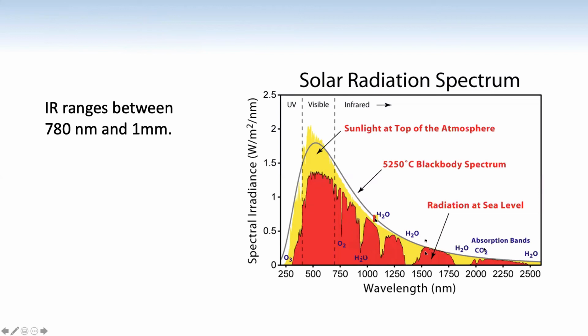And then you also see CO2. CO2 is also a very strong absorber of infrared light. Now the H2O and CO2, as you know, are what we call greenhouse gases.